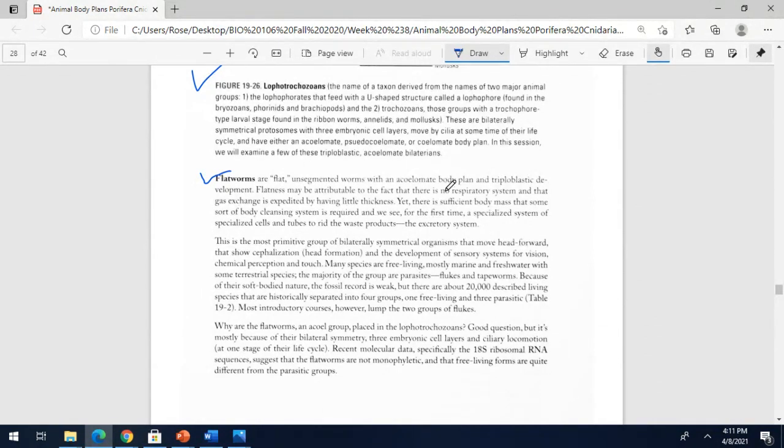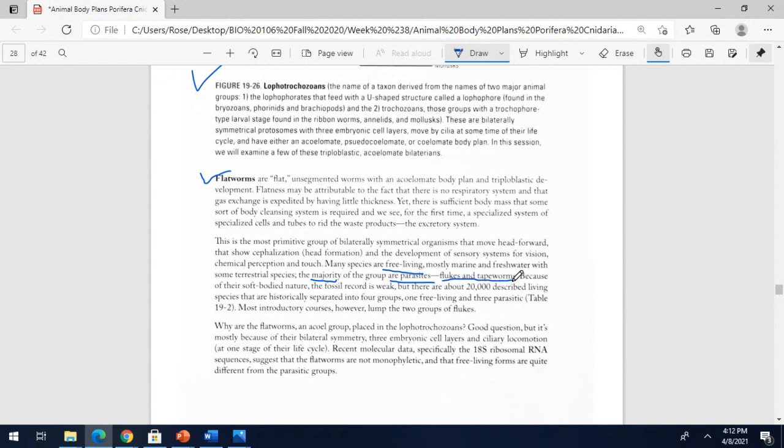I just saw the word here, flat. What else? They do not have a respiratory system because they're flat. The gas exchange can diffuse through the body because it's so flat. A lot of them are parasitic, but some of them are free living. If they're free living, they're mostly marine and freshwater, and some could be terrestrial, but the majority are parasitic, which includes the flukes and the tapeworms.